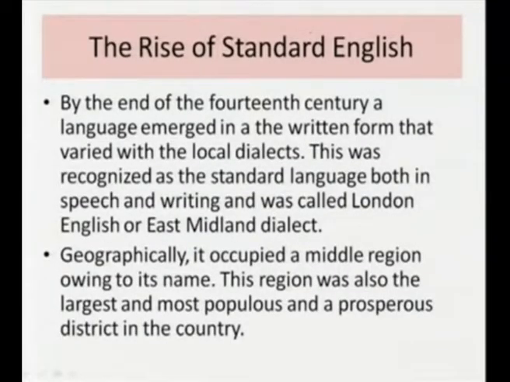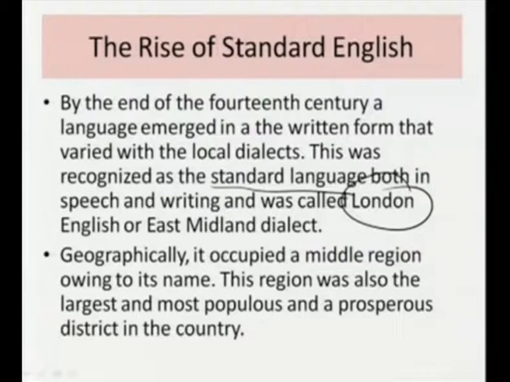Then we also found a very important point, which is the rise of standard English, and let me quickly read again. This is available in the last lecture, but let us just quickly go through it again. By the end of the 14th century, a language emerged in the written form that varied with the local dialects. This was recognized as the standard language both in speech and writing, and was called London English.